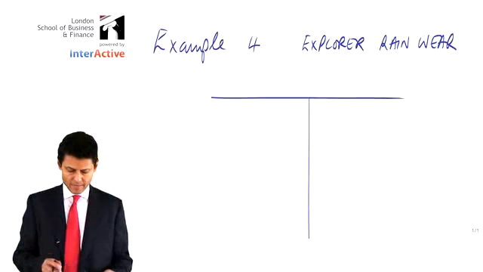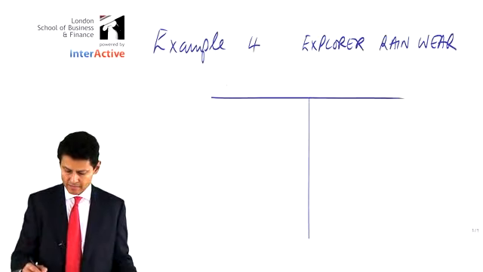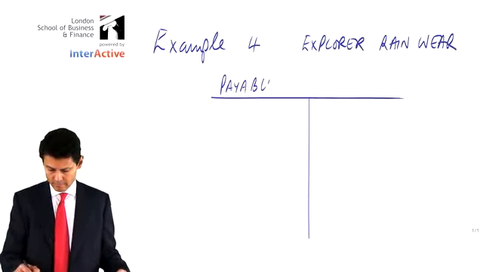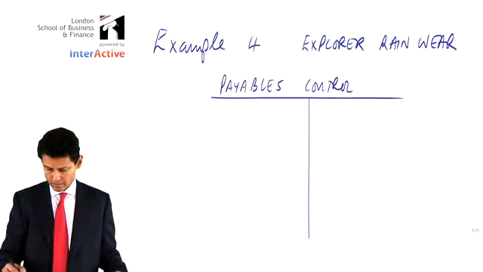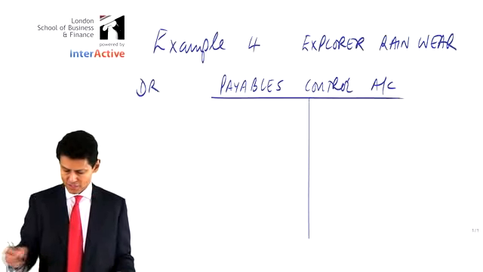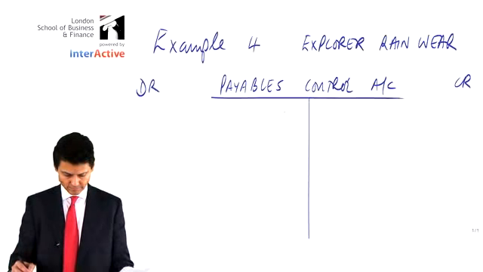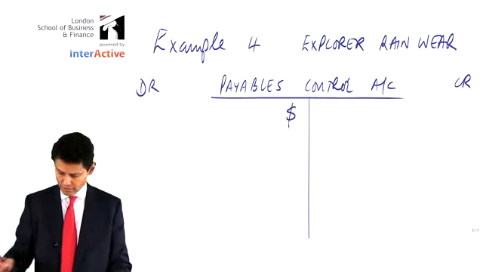The control account then is called the payables control account. So I'm going to write that down. Payables control account. Debits, credits, dollar signs, that kind of thing. Make it look smart.